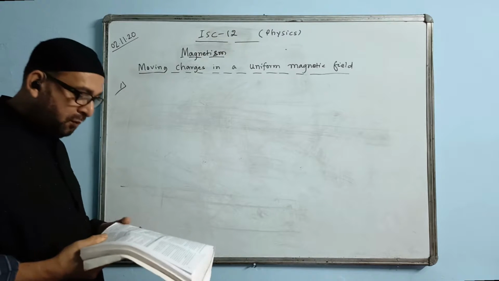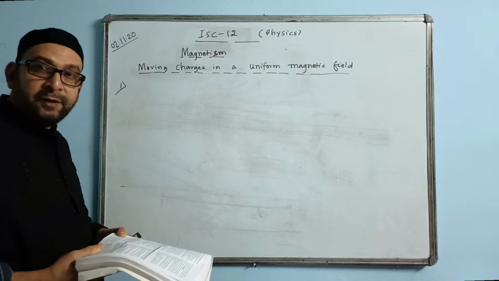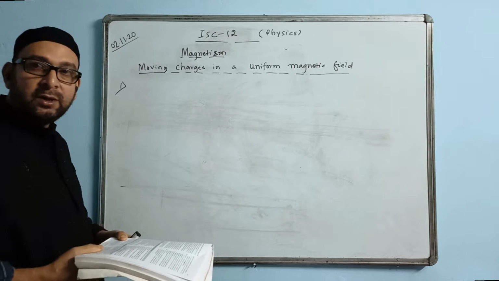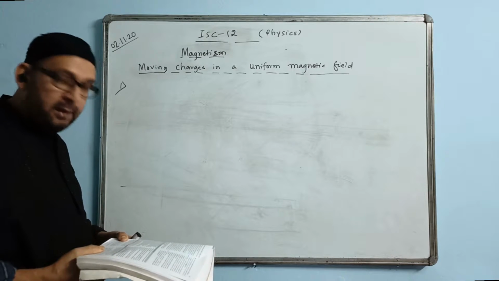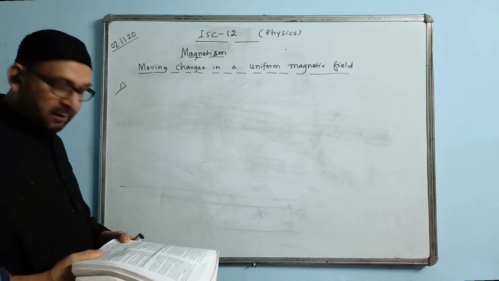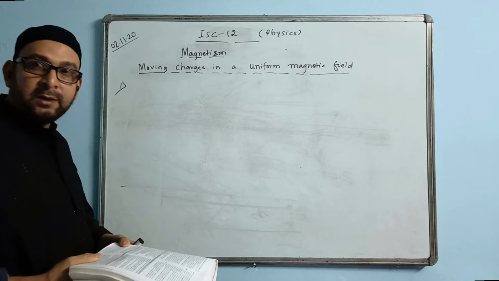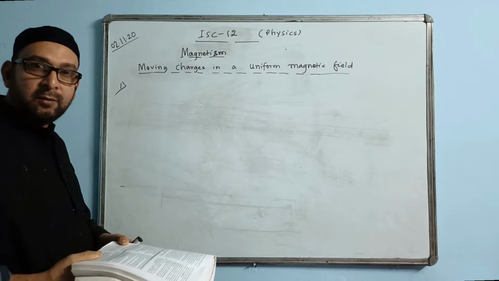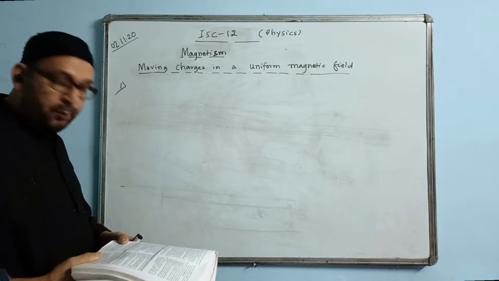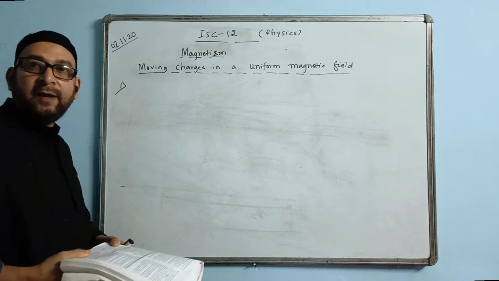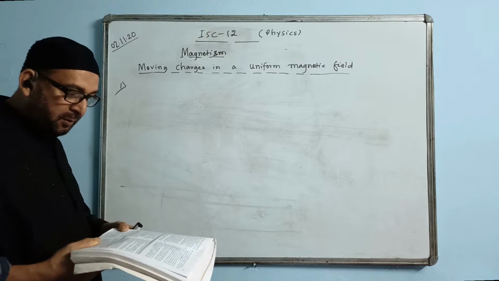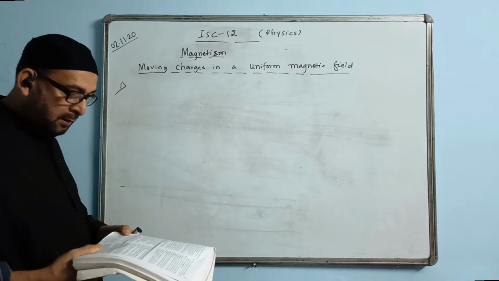An electron is moving horizontally through a vertical magnetic field of 0.01 Tesla, with a speed of 1.5 × 10^5 meter per second.